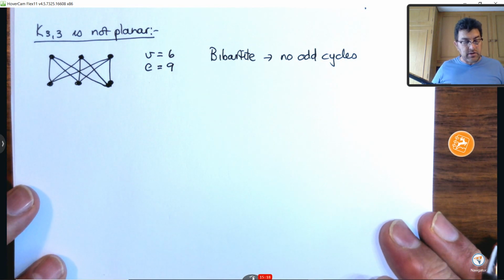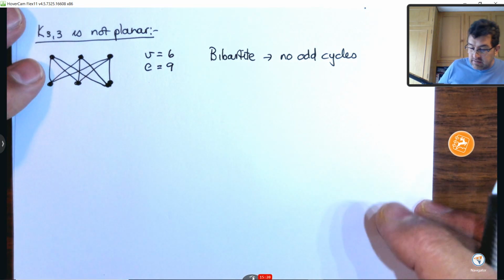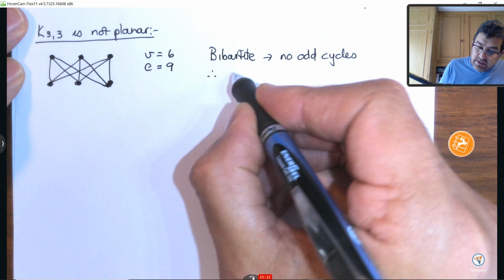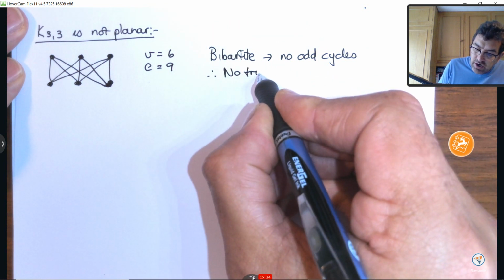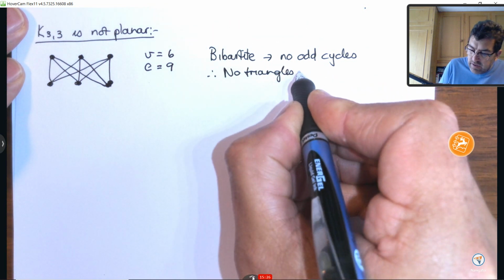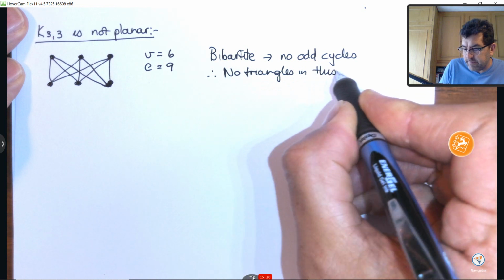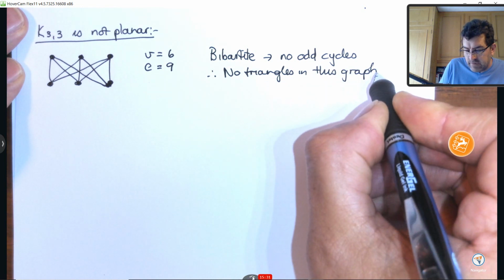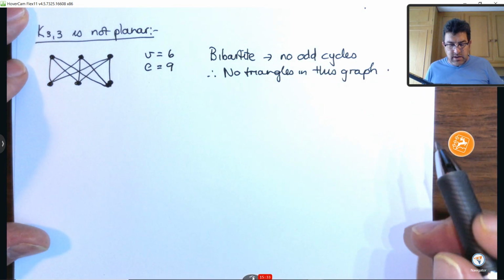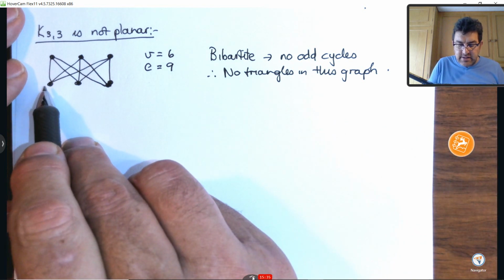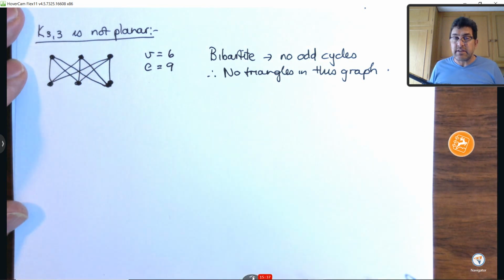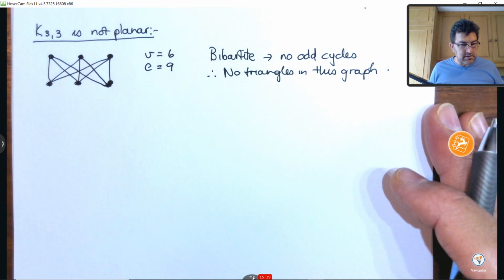Since it has no odd cycles, there are no triangles in this graph. Now I think you can see it quite clearly. There are no triangles. Had there been adjacencies within a set, there would have been triangles in this graph.